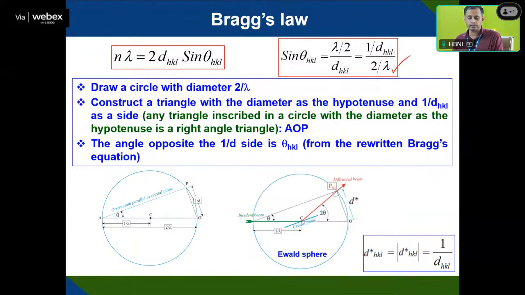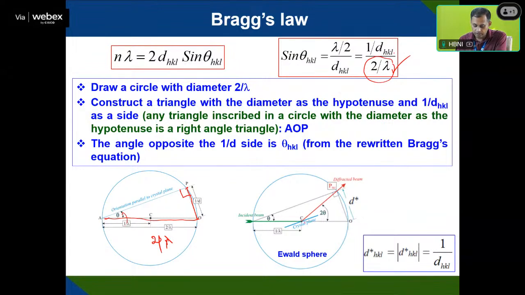If you rewrite this equation and draw a circle with diameter 2 by lambda, and construct a triangle at a point P, where one side is 1 by d and the diameter is the hypotenuse, you get a triangle where the angle AOP is always 90 degrees. Then the angle opposite to the line PQ is theta.